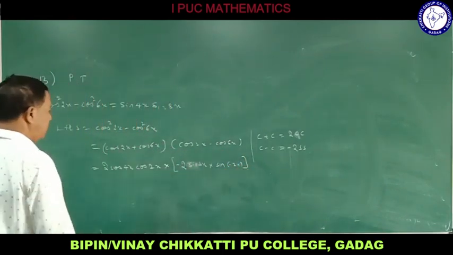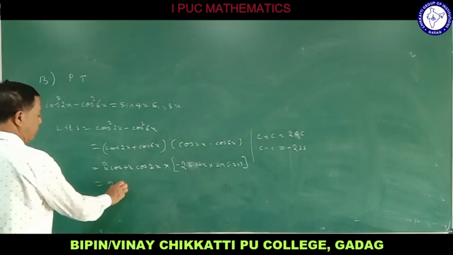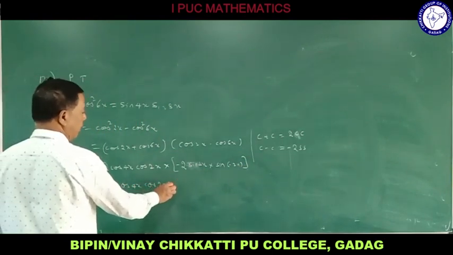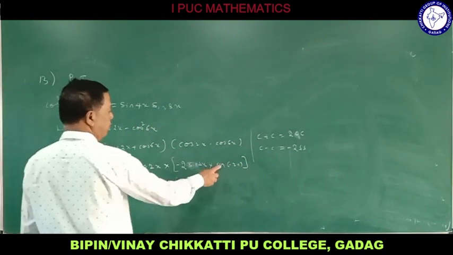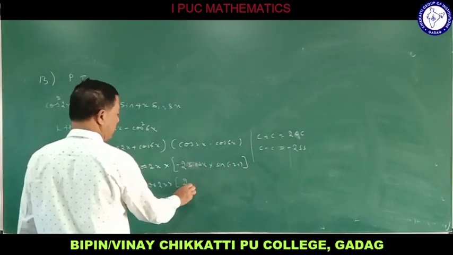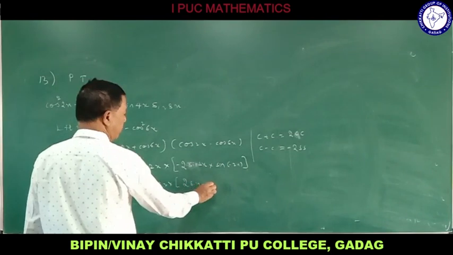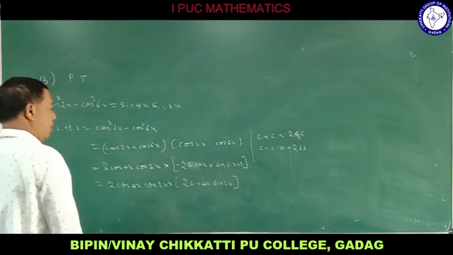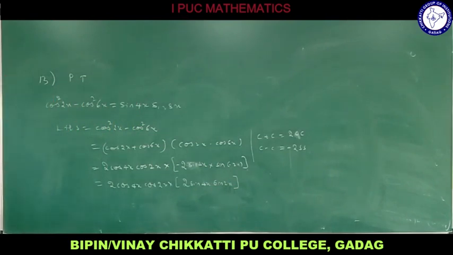So the result here is 2 cos 4x cos 2x into, and since sin of minus is minus, with the minus sign it becomes plus, sin 4x into sin 2x. And here you can understand how this can be applied.